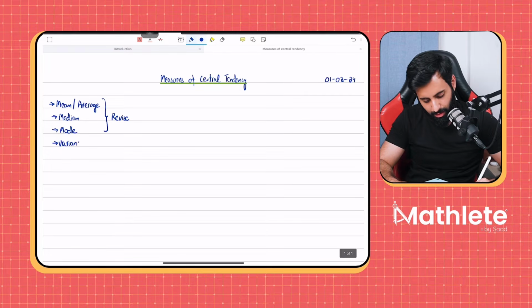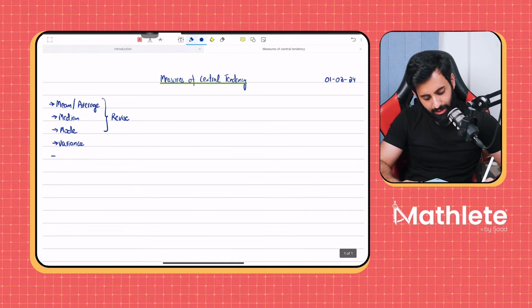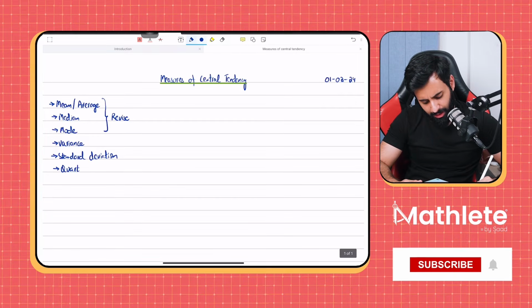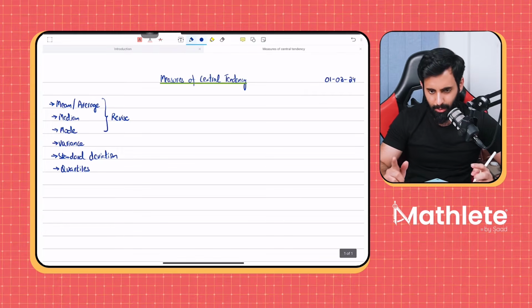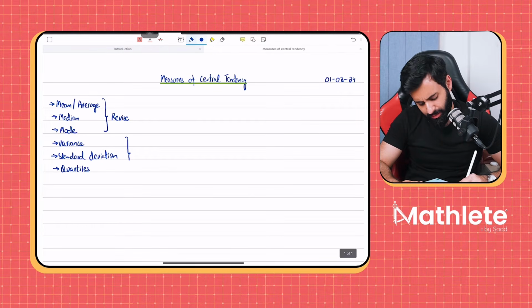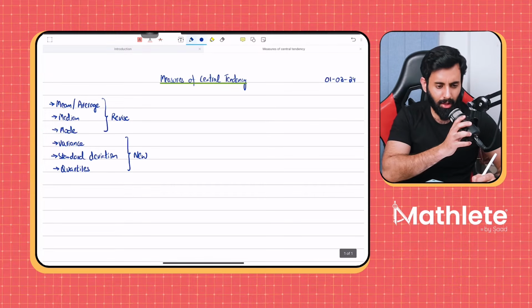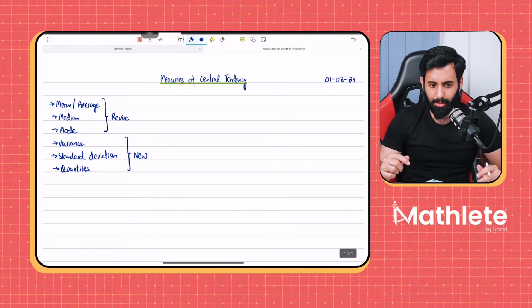This is something that's new for us. Standard deviation. This is also something that's going to be new for us. Quartiles. Now, quartiles is something that you do in IGCSE, but sadly you don't do it in O levels. But we're going to be doing it from scratch anyway. So all these three components, these three measures, are going to be new for us.